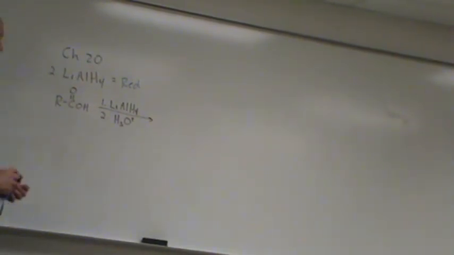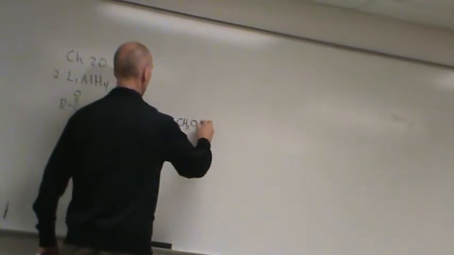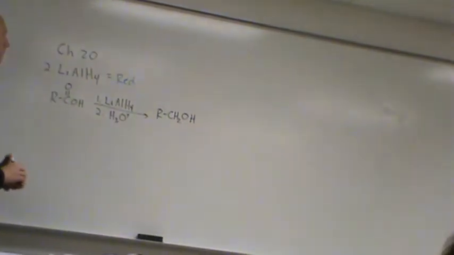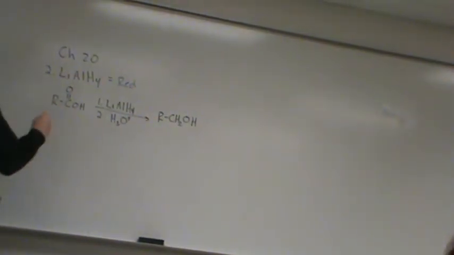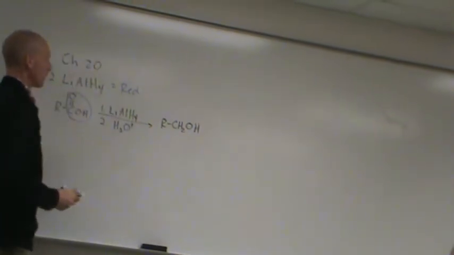What did that convert the carbonyl to? The alcohol, right? Well, it's going to do the exact same thing here. It's going to convert that to the alcohol. Okay, so it's going to convert the acid group to CH2OH.